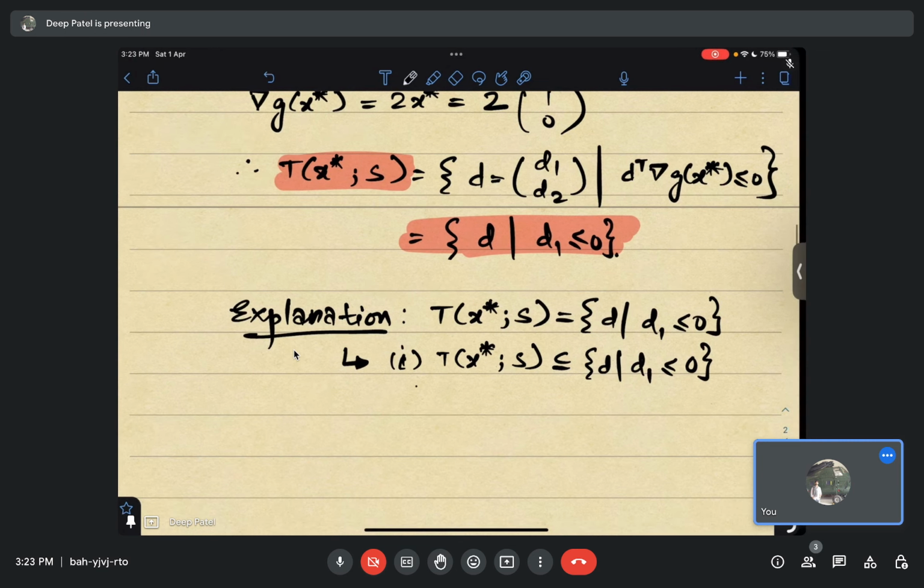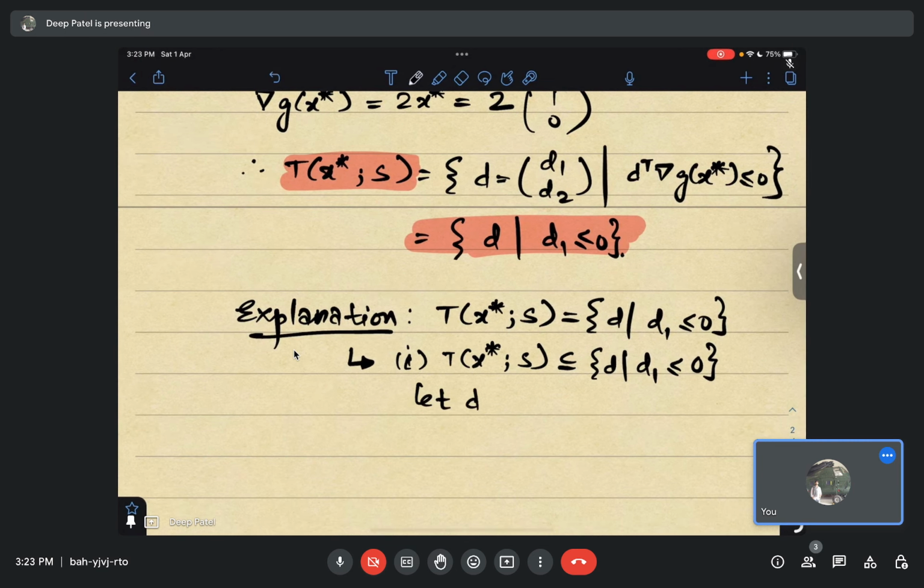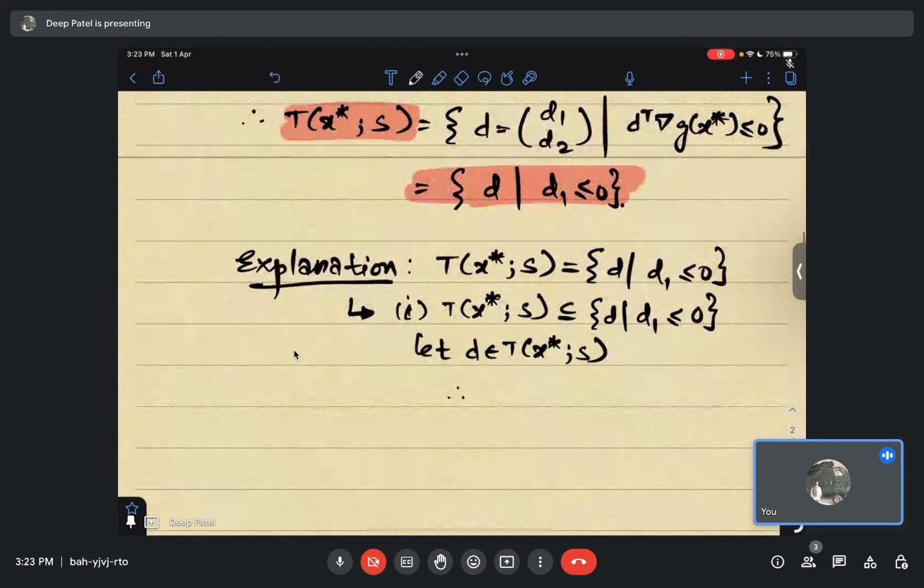Okay, so let d belong to D x star S, therefore d such that d transpose gradient g(x star) is less than or equal to 0.